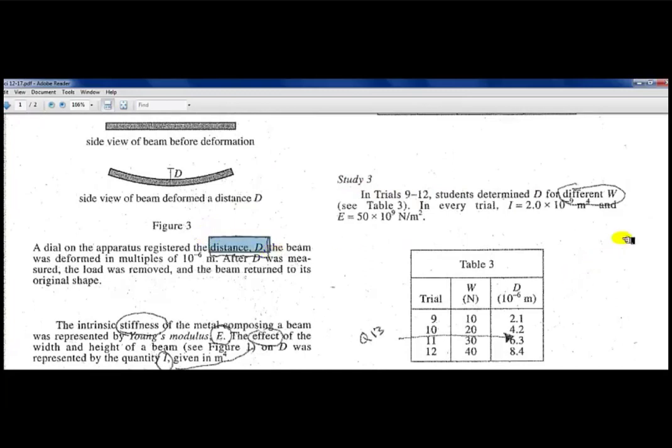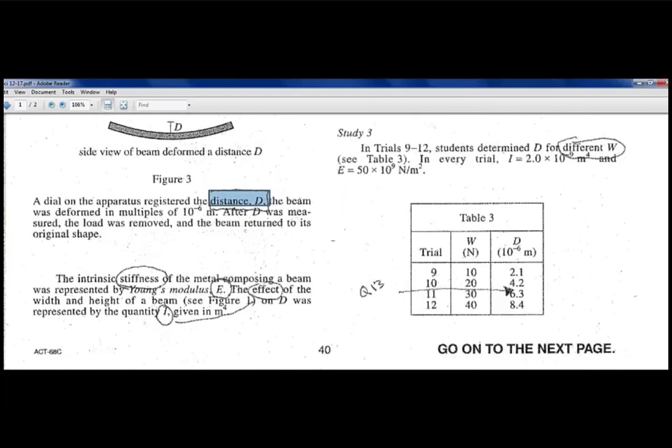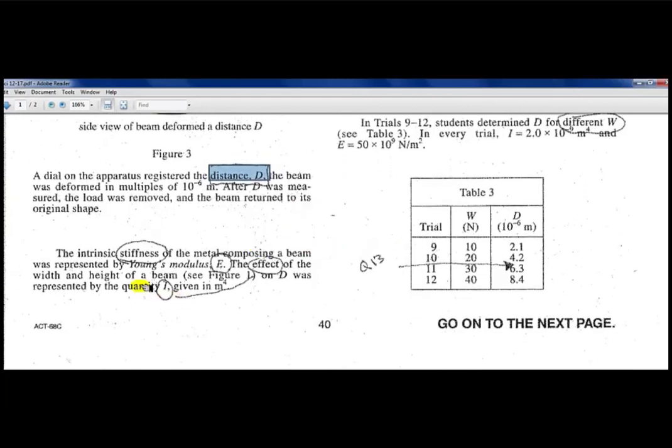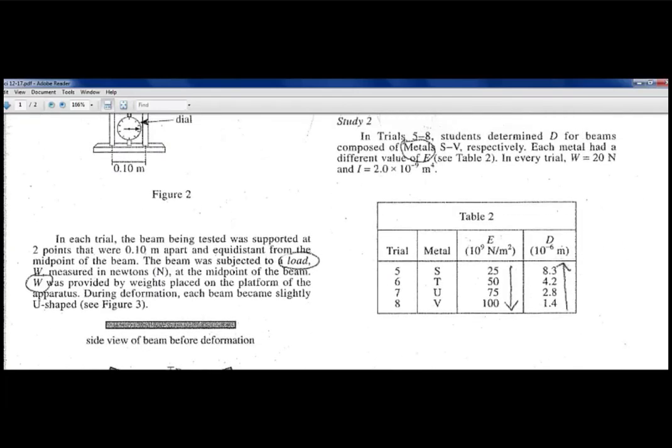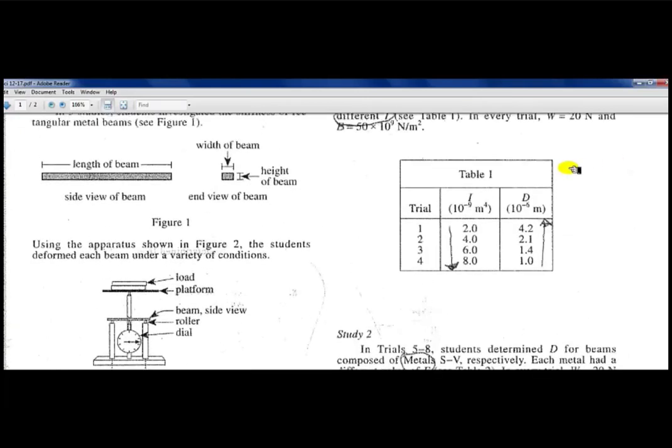And then down here at the bottom, it gives us our I value, and the I value is the effect of the width and height of the beam. I is basically just the size of the beam. So when you come over here, we've got in study 1, over here you have basically how big the beam was and the distance that the board was transformed.